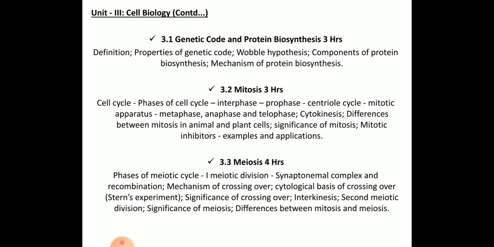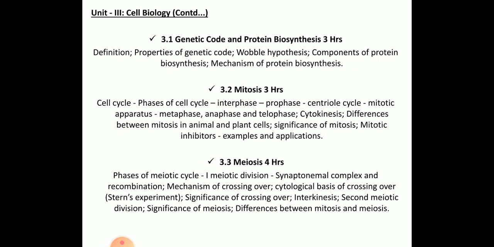Whereas in the second subunit, the cell division, which includes mitosis, we will be studying the complete cell cycle, phases of the cell cycle: the interphase, prophase, then mitotic phase. Under that mitotic phase, you will be studying metaphase, anaphase, telophase, and also cytokinesis, and the difference between mitosis in animal cell and plant cell.